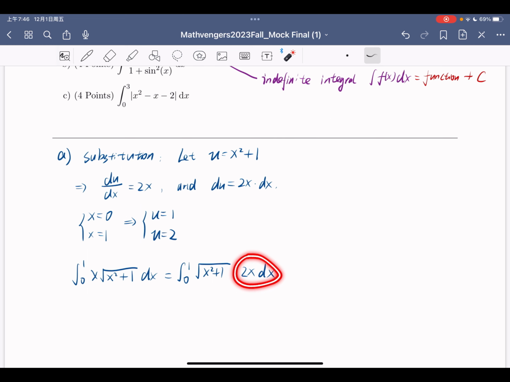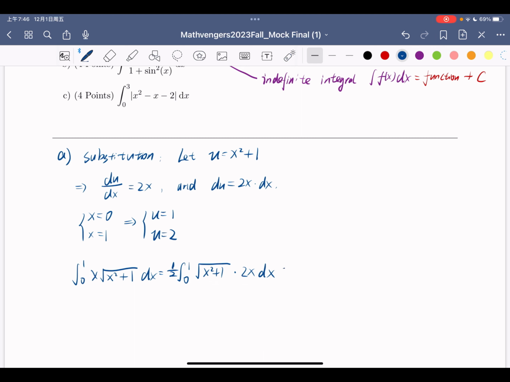So we want to change this part into du. But since we multiply by 2 here, we need to multiply by 1 over 2 before the integral.